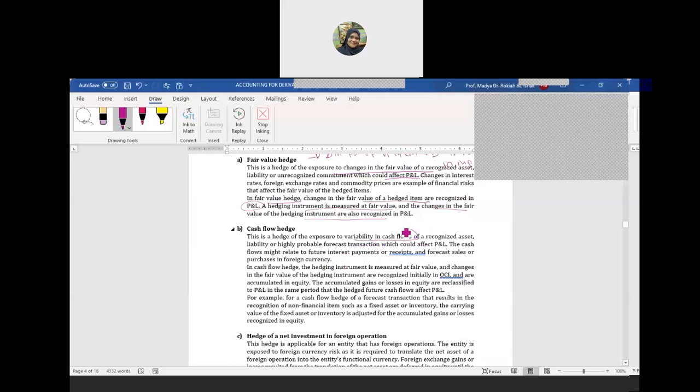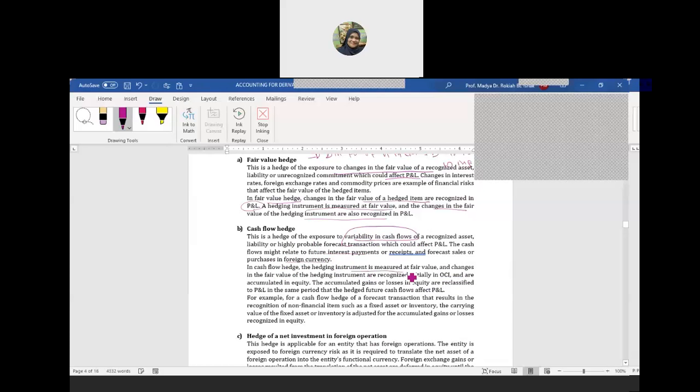We look at the changes in the cash flow of the recognized assets or liability, or of a highly probable forecast transaction that will affect the P&L. The cash flow might relate to future interest payments or receipts, and forecast sales or purchases in a foreign currency. In the cash flow hedge, the hedging instrument is measured at fair value.